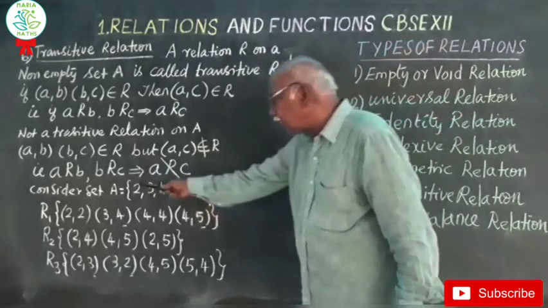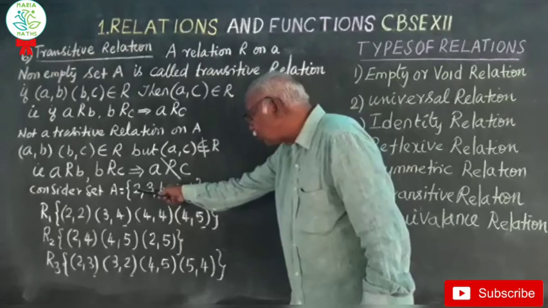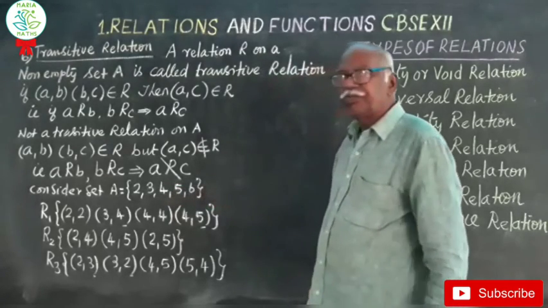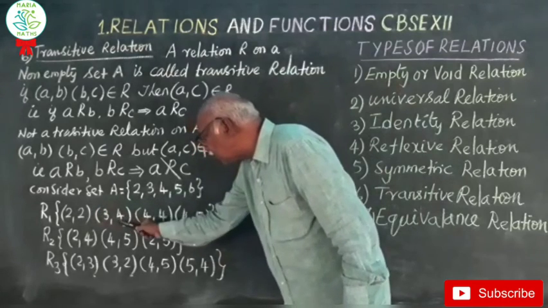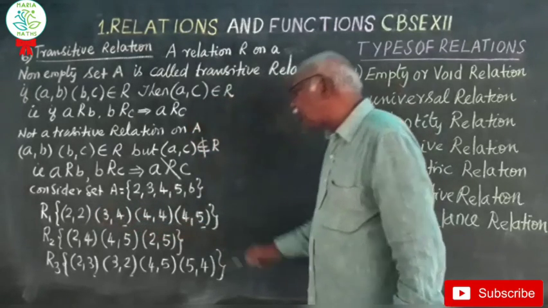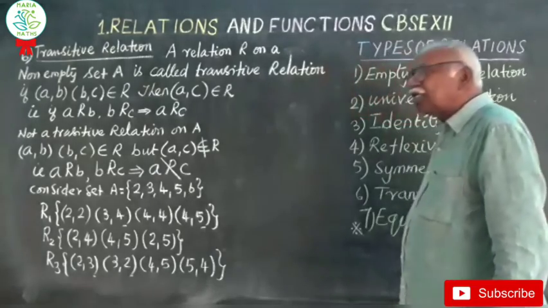Consider the set A having elements 2, 3, 4, 5, 6. I have given three relations. R1 = {(2, 2), (3, 4), (4, 4), (4, 5)}. Is it a transitive relation?